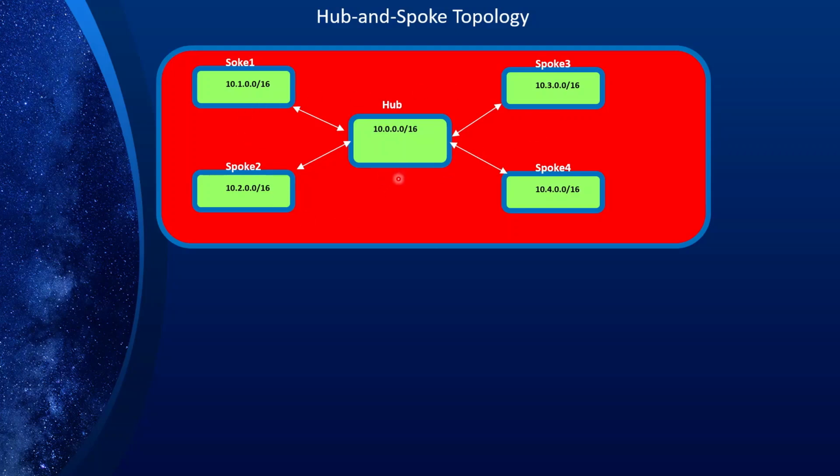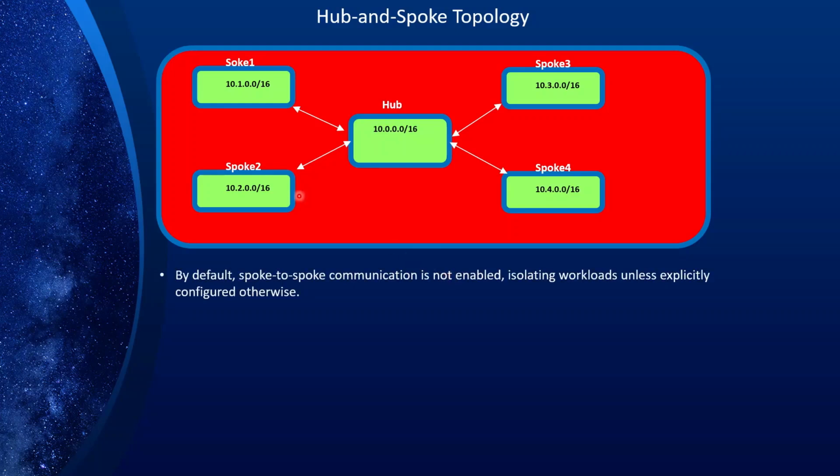In that sense, we have more control of who and what is coming into our environment. We can also set up other services such as DNS and provide name resolution for all the spokes in the environment. By default, there is no spoke-to-spoke communication. So this is a typical hub and spoke topology.